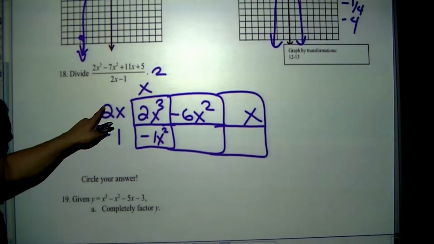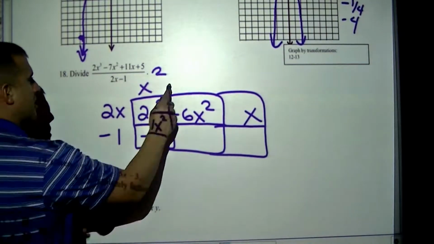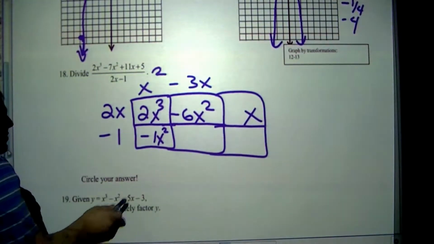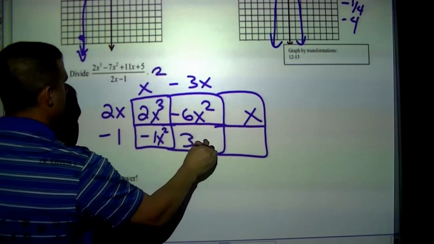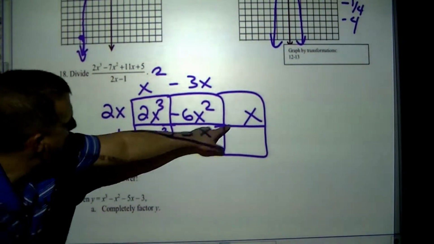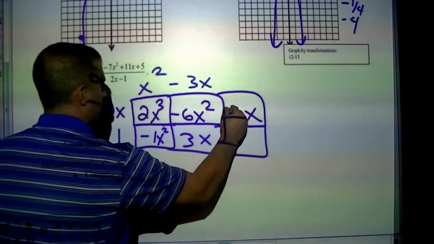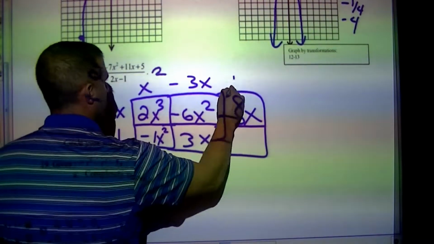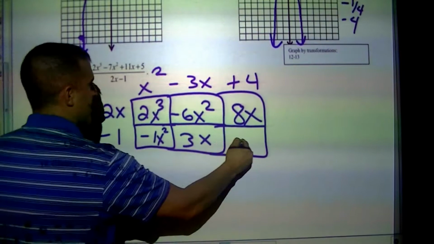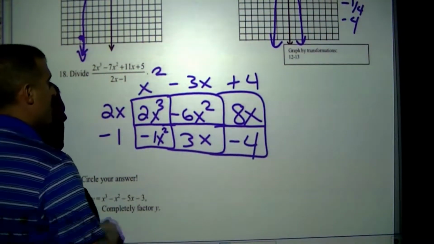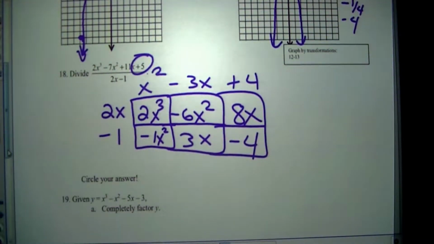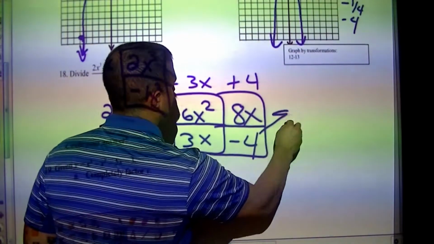Okay? Now, this times this has to give me that. The only thing that would work there is negative 3x, which tells me that this has to be 3x. Now, my diagonals here have to get to 11, so this has to be 8. The only way that works is that's 4. If I multiply that, it's negative 4. Now, my number here is 5. So this is where I'm going to have the remainder. I got to get to 5.